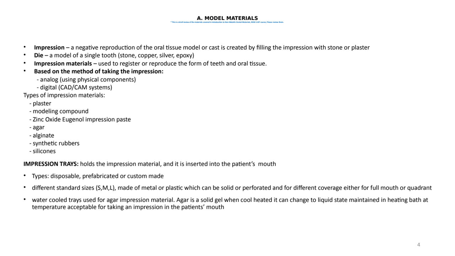They come in different standard sizes: small, medium, and large. They can be made of metal or plastic, can be solid or perforated, and come with different coverage, either for a full mouth or a quadrant. A quadrant means 1/4 of the mouth, okay?